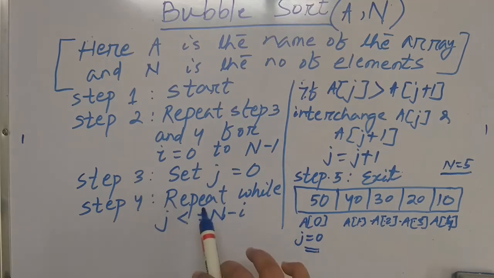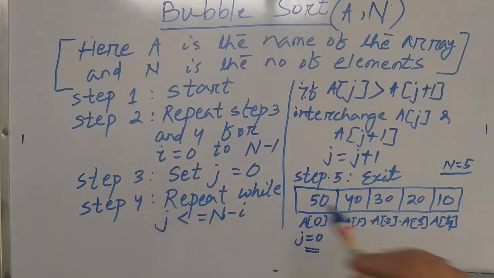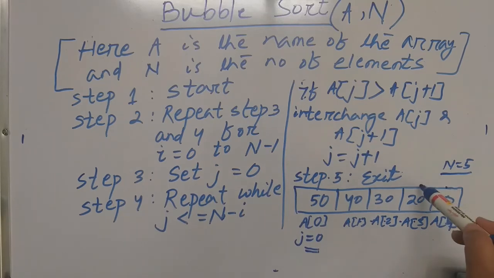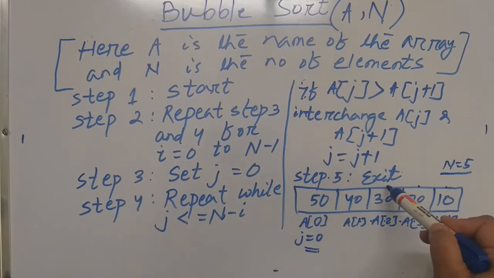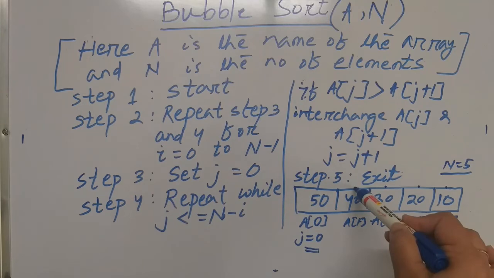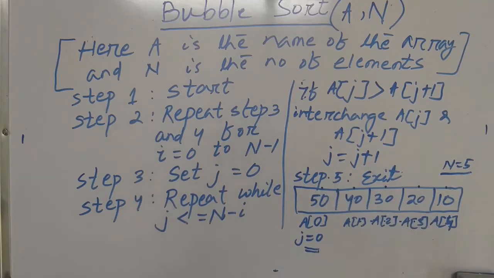Repeat while j is less than or equal to n minus I. So how many interchanges are we doing? That means first the interchange is up to this, second the interchange is up to this, third the interchange is up to this, fourth the interchange is up to this, and finally we end it.